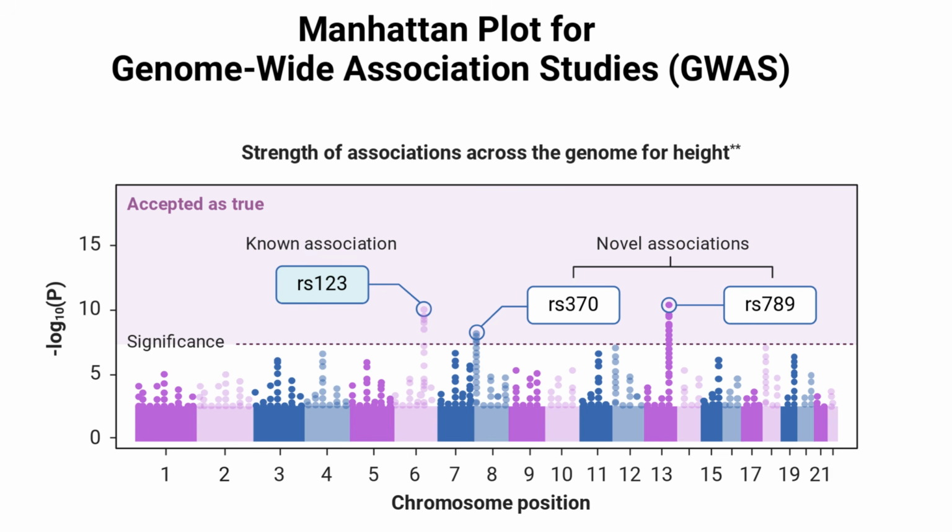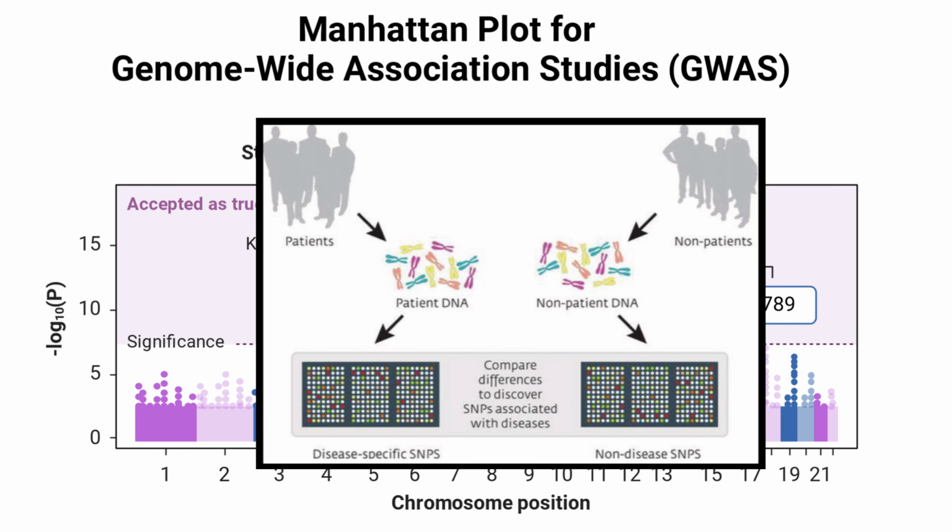For example, take a look at this picture. This is how we obtain our results. So we take one group of people who have the same disease in common. Then we take the general public, which doesn't have this disease.